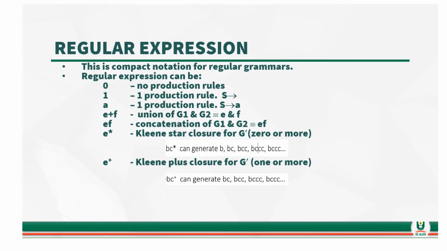We can also have a concatenation of two grammars, which will comprise alphabets of each of those grammars, say E and A. We also can have a Kleene star closure for G prime, which will mean that we can generate 0 or more alphabets in that language.